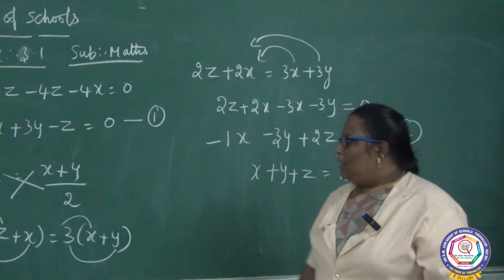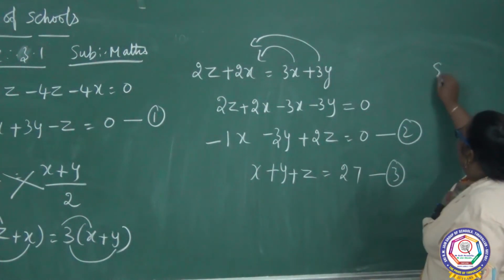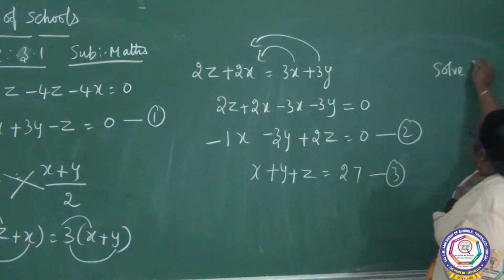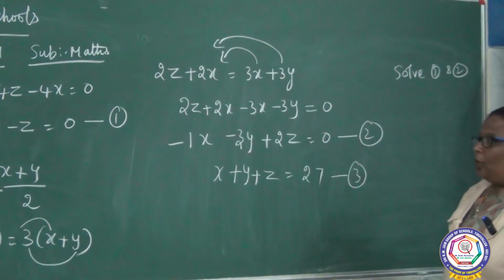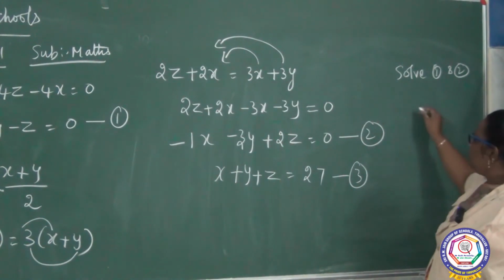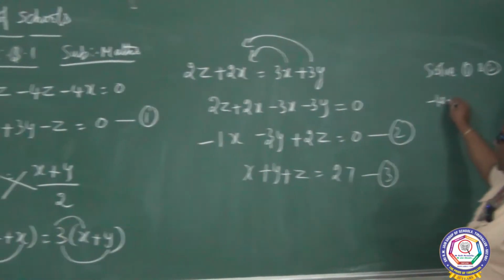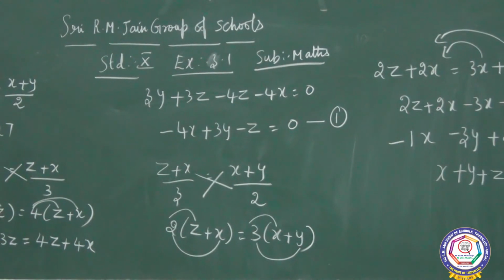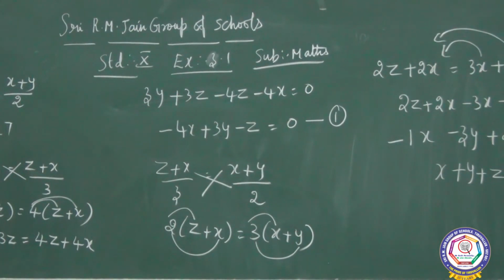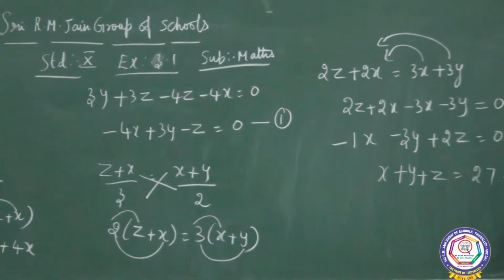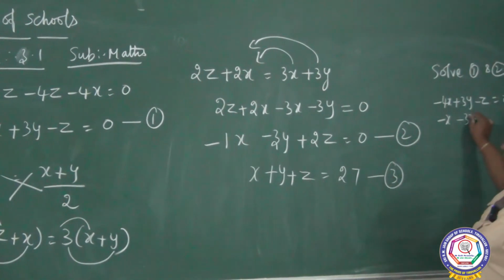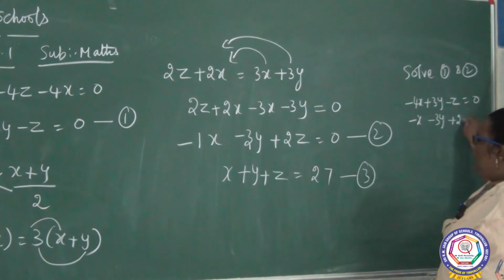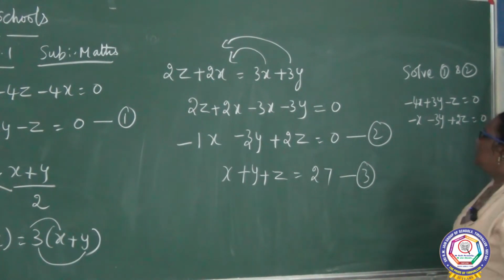Solve 1 and 2. What is the first one? -4x + 3y - z = 0. What is the second one here? -x - 3y + 2z = 0.